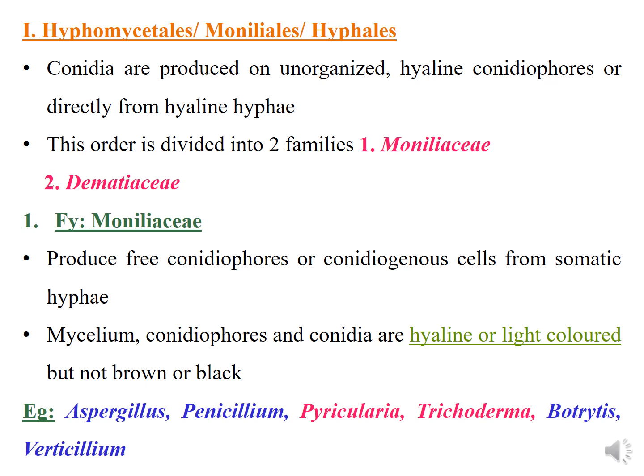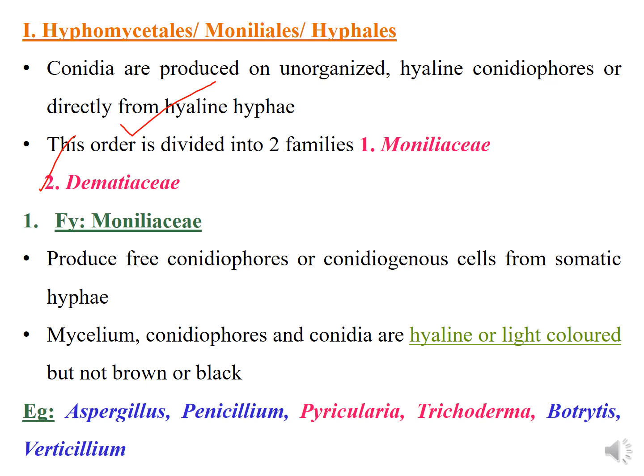In Hyphomycetales, which is also known as Moniliales, the conidiophores, conidia and mycelium are hyaline in color. They are directly produced from the hyaline hyphae, that is the mycelium is very light in color, and the conidiophores and conidia are also light in color, not dark. Moniliales is divided into two families, Moniliaceae and Dematiaceae.